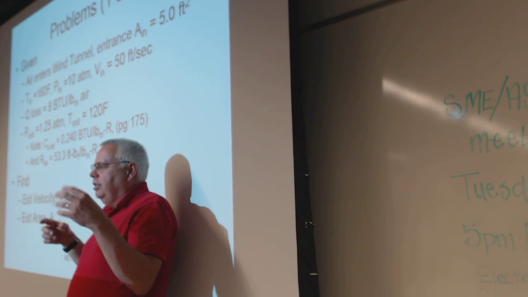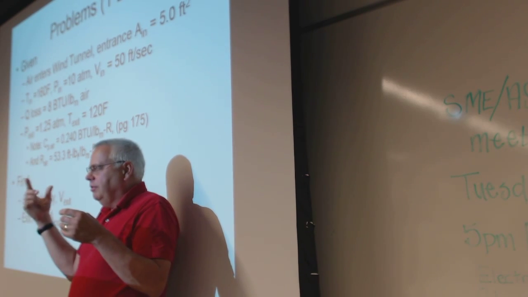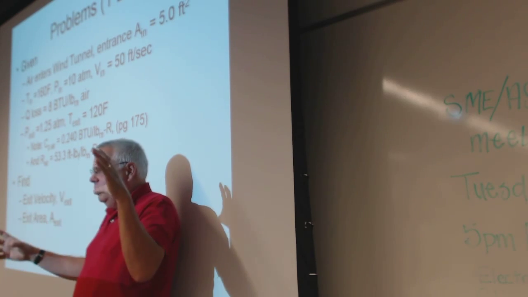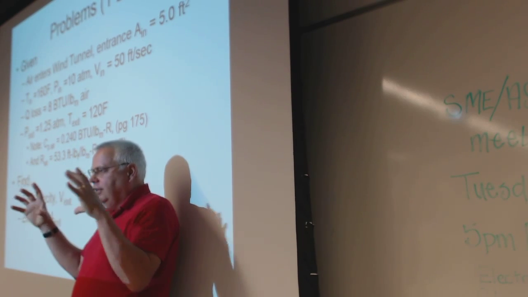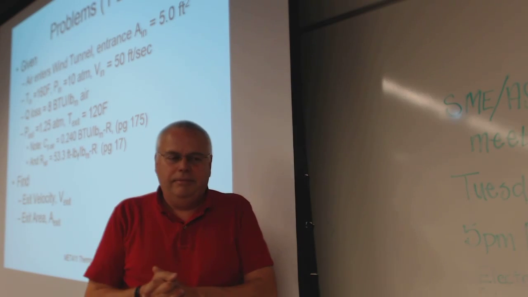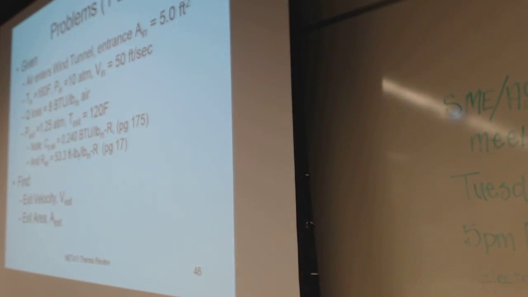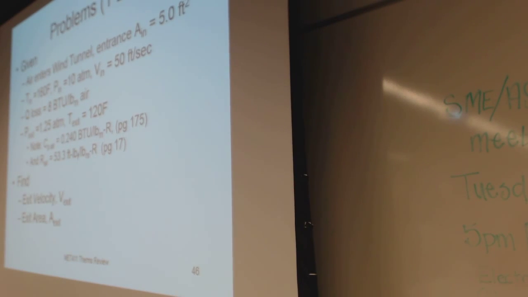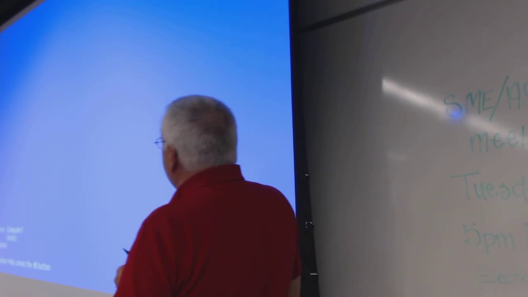If you change the temperature, the speed would change, but in order for the temperature and the speed to change, the area has to change. They're all interrelated. I'm probably going to have to zoom in on this.